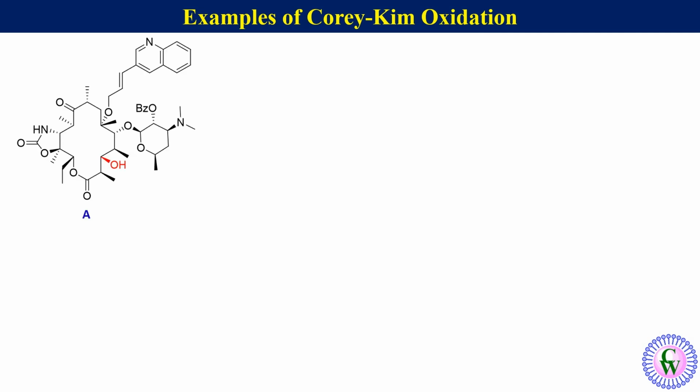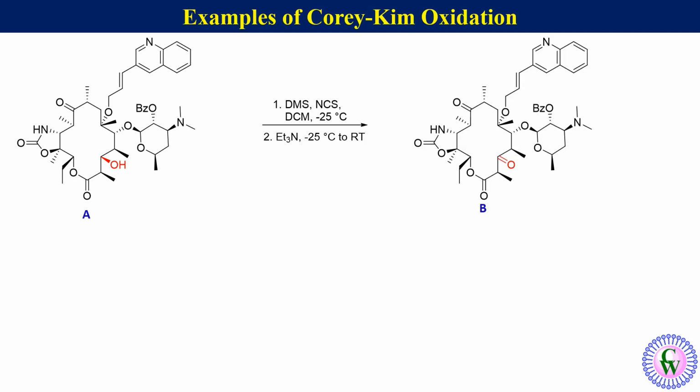The reagents used in Corey-Kim oxidation are cheap and readily available. Therefore, this is used for the industrial production of drugs. For example, intermediate A, when oxidized under Corey-Kim oxidation condition, gives intermediate B, where the hydroxy group shown in red gets oxidized to ketone.